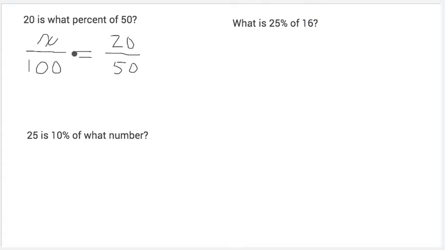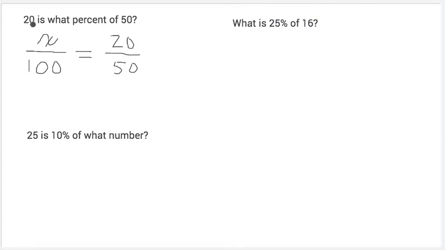The two numbers that are diagonal from each other, you multiply. 20 times 100 equals 2,000. So 2,000 is the product. Then we take that number, 2,000, and divide it by the number that's left over, which is 50.